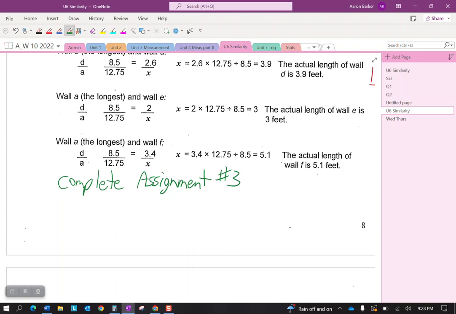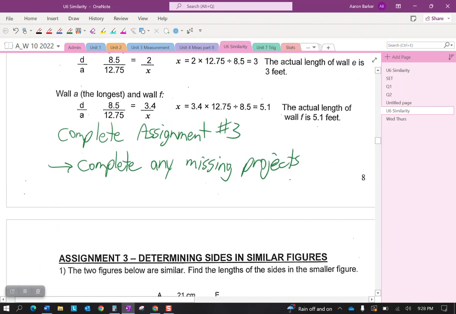A few of you still need to do stats. Make sure you complete any missing projects. Okay, begin. Good luck. Have fun. And right there, assignment 3. Go.